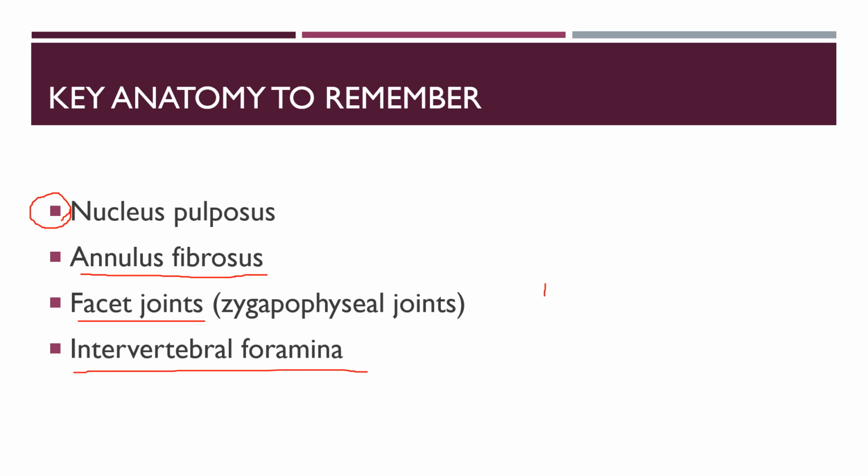So if we have compression forces on our disc, okay, we have this other disc here. Remember that we have that little intervertebral foramina on that posterior side where the nerve root exits and leaves. If we have compression in that area, that space becomes smaller and smaller and smaller, and we call that stenosis.